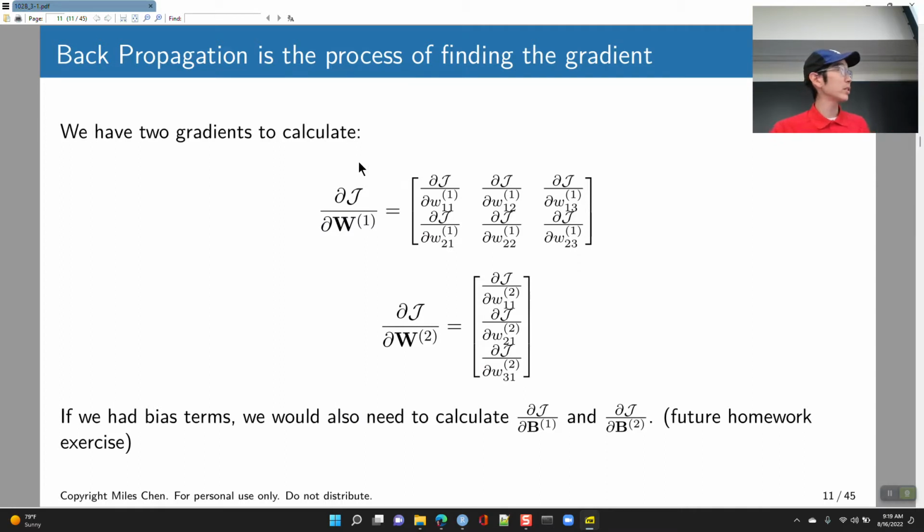If we expand out the gradient, the gradient of W1 is the matrix of partial derivatives: how does the loss function, which is called J, change with respect to W1 sub 1,1, 1,2, 1,3, 2,1, 2,2, and 2,3? Notice that the dimensions of this gradient are the exact same as the dimensions of W1 itself.